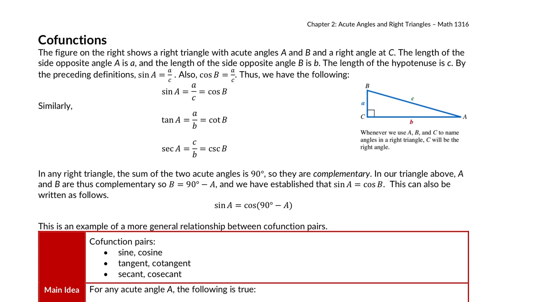If we're talking about cofunctions, we're talking about the functions whose, with different angles, end up with the same trig ratio. So this is what you guys noticed on the front. You noticed that sine of A and cosine of B was the same ratio. Tangent of A and eventually cotangent of B were the same ratio. And if I extend it a little further, secant of A and cosecant of B, because those are the reciprocals of sine and cosine anyways, are going to be the same.